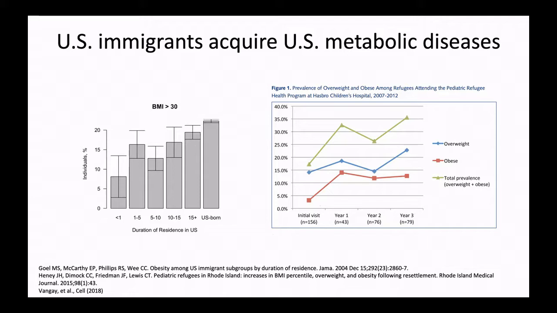So for example, here's the rate of obesity, BMI over 30, for US immigrants who have been here for 1 year, 1 to 5 years, and so on. Within just a few years, the risk of acquiring obesity doubles after living in the USA. Here's another study on children, and here's obese, overweight, and you can see each of these is roughly doubling over the course of a few years.